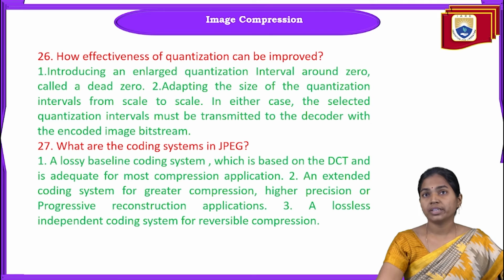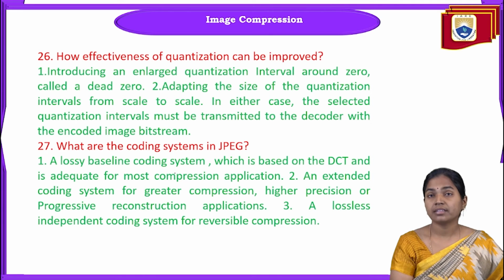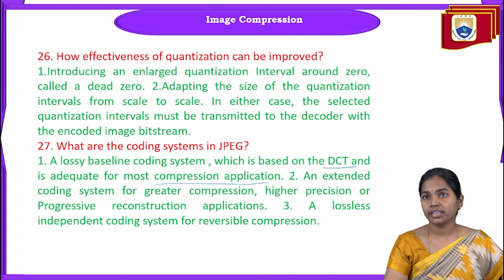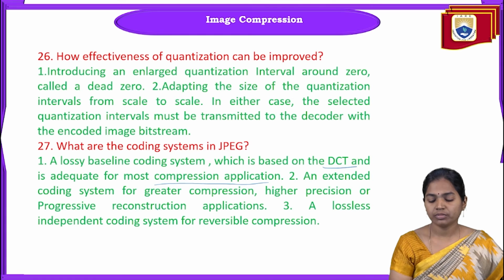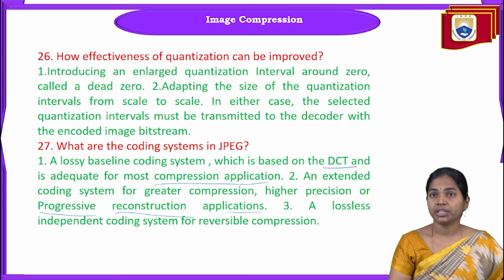What are the coding systems in JPEG? First, a lossy baseline coding system, which is based on the DCT and is adequate for most compression applications. Second, an extended coding system for greater compression, higher precision, or progressive reconstruction applications.